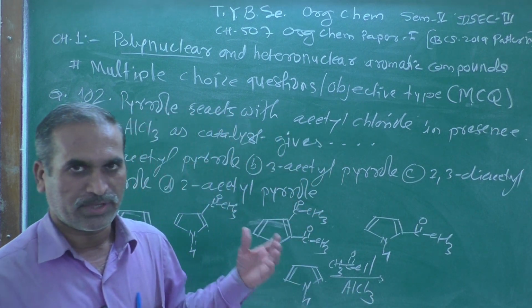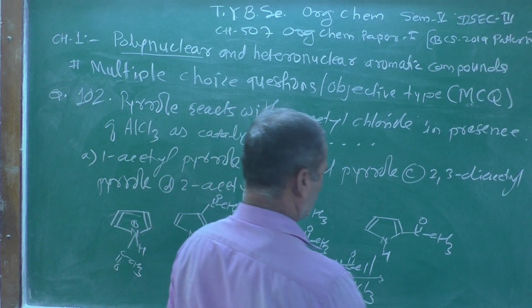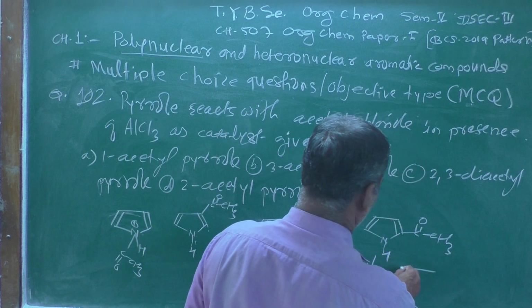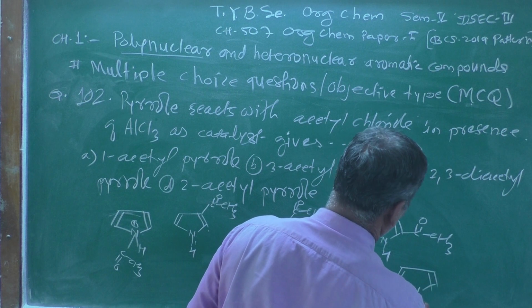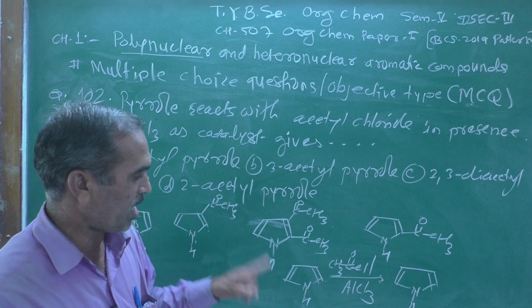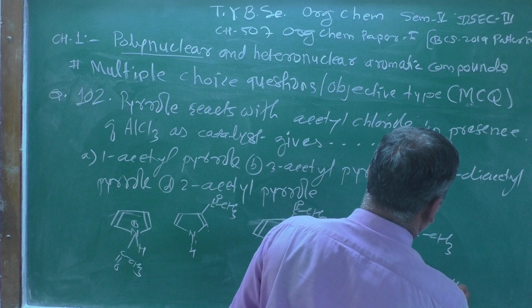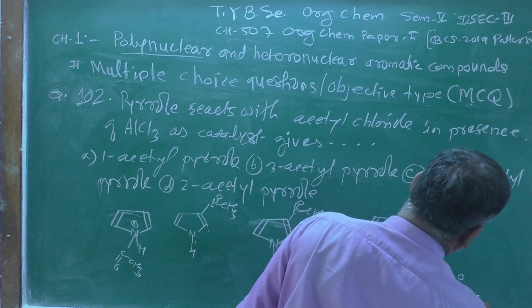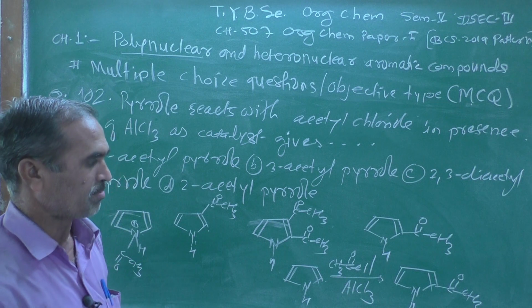It is one of the famous reactions, known as Friedel-Crafts acylation reaction. It is an electrophilic substitution reaction. Pyrrole undergoes electrophilic substitution mainly at 2 position, so the acetyl group should attach at 2 position, and we get this type of product.